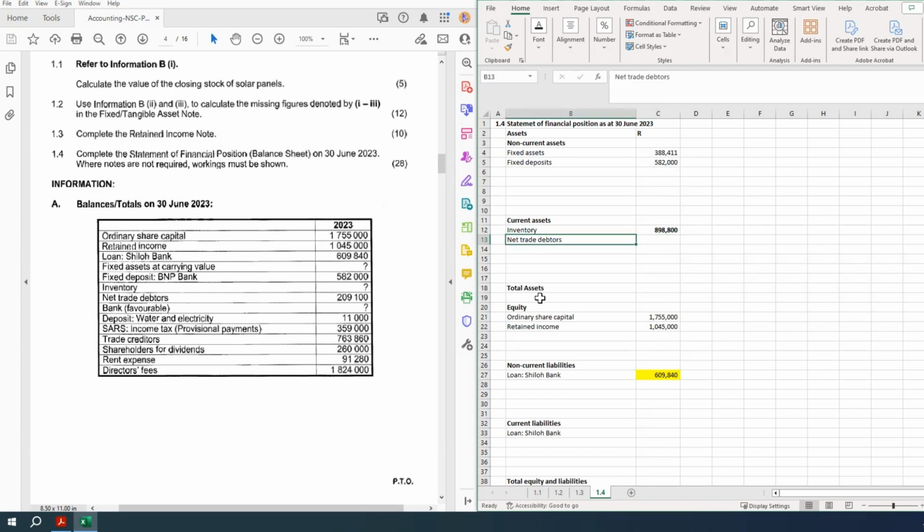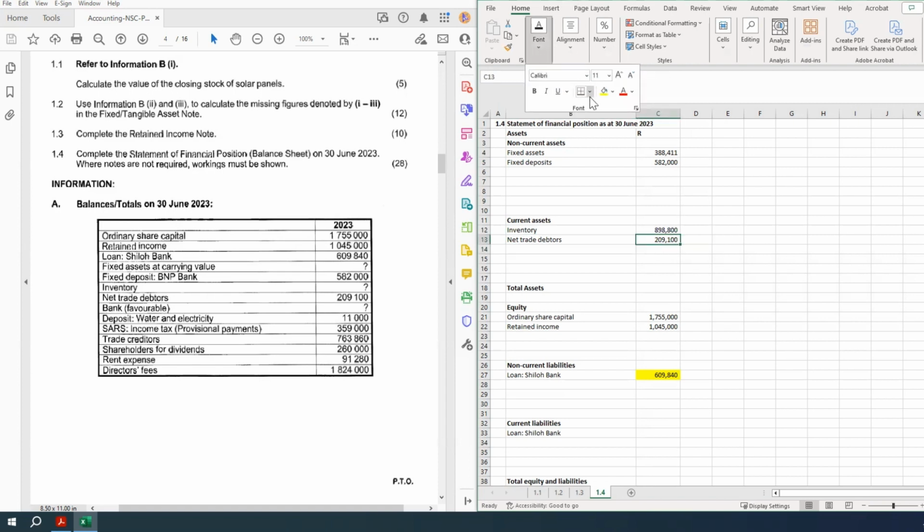All right, net also gets me a little bit worried because that means something else has been deducted from that amount. But all right, for now, we'll just take it as is. So that is 209,100. Okay, so that's net trade debtors.